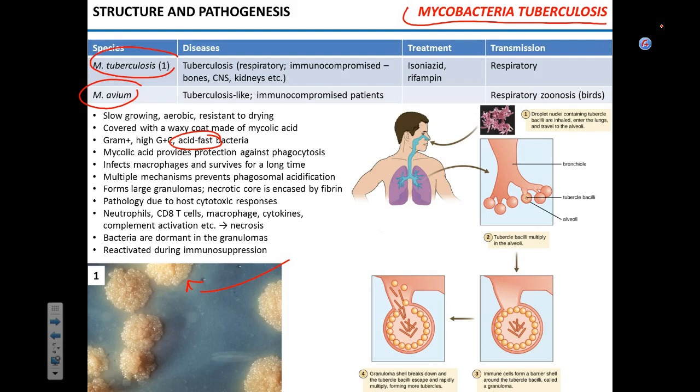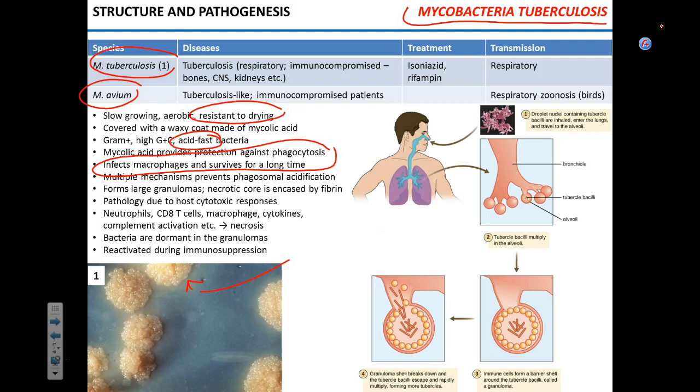Mycolic acid provides several important advantages to Mycobacterium tuberculosis. First, it makes it quite resistant to drying. Second, it allows the microorganism to survive inside of different phagocytes, especially macrophages.